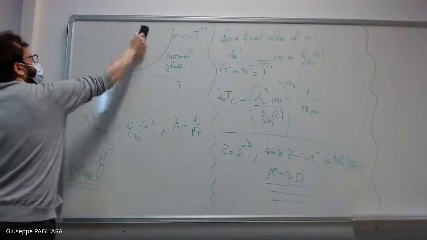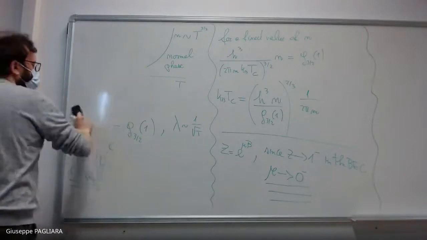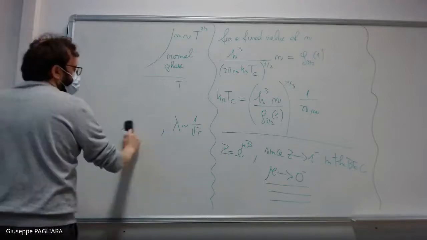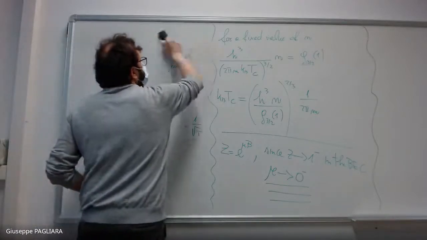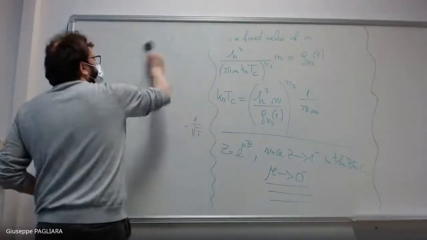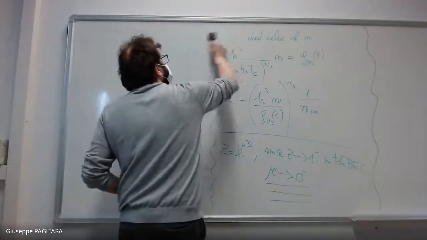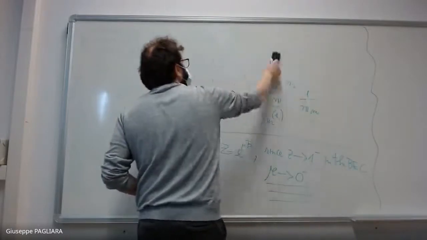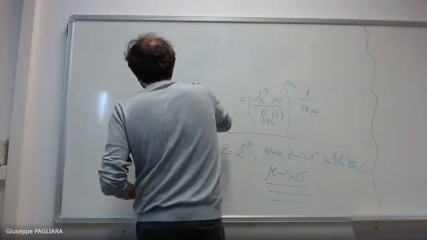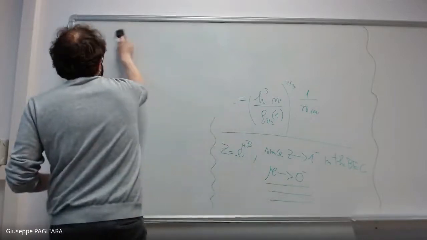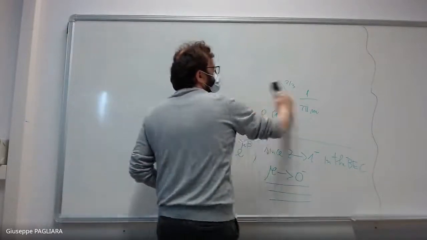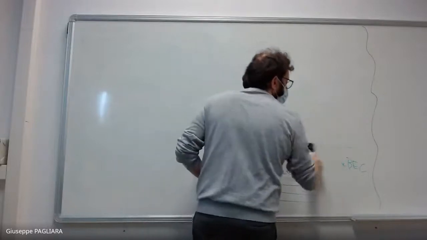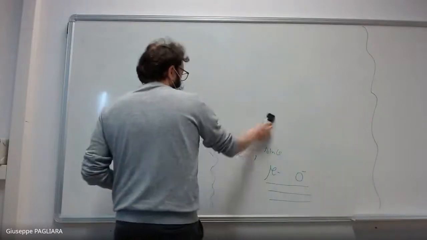Now we can try to study a little bit more in detail what this BEC is, how this new phase is characterized. The first thing that we can do is to find the number of particles at a certain value of the temperature that are in the Bose-Einstein condensate, and the number of particles that are in the continuous part.